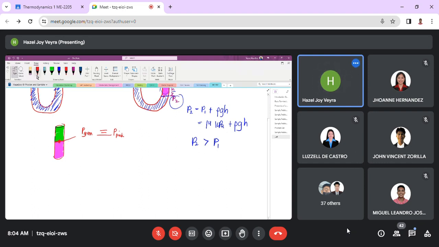Next example, we have a manometer, a tube again. And then you have fluid 1 here at the top. And then you have another fluid at the bottom.